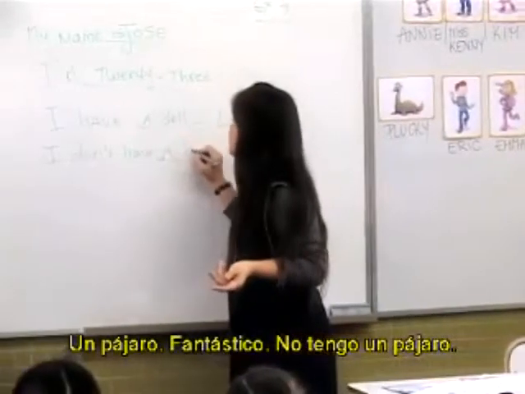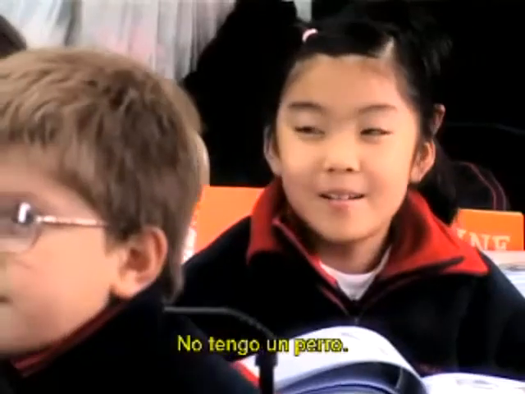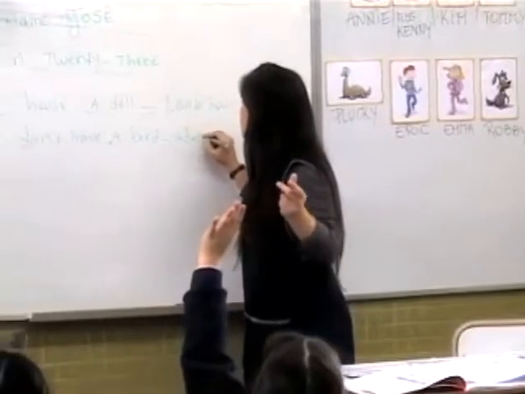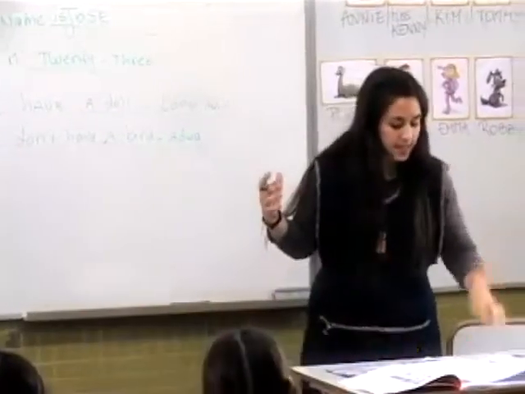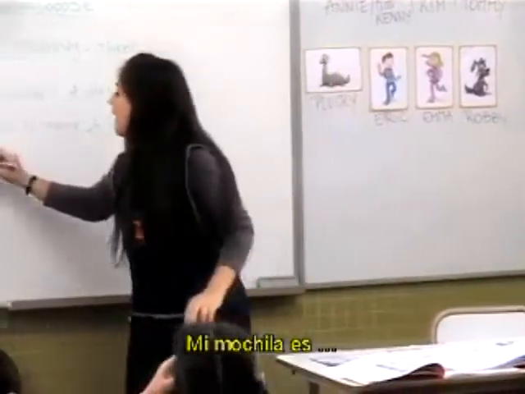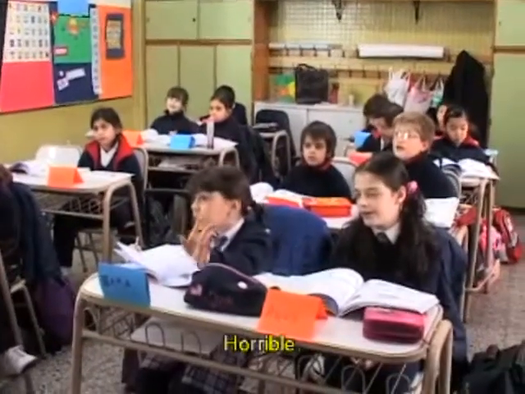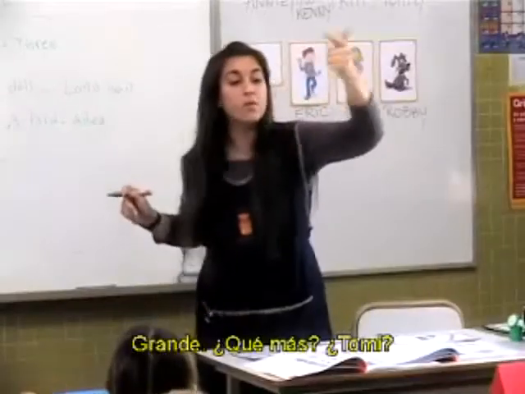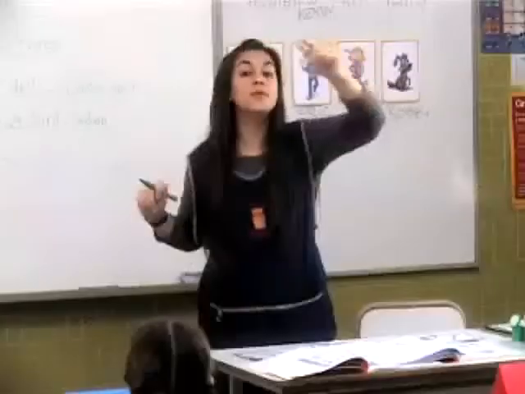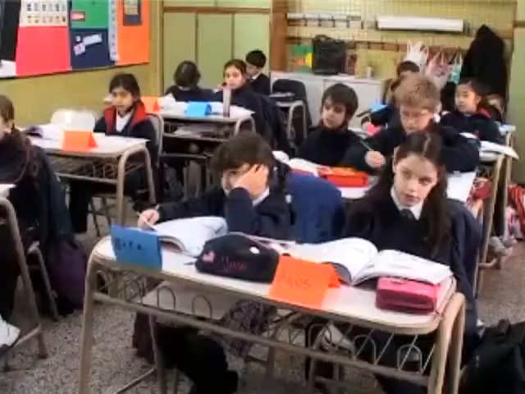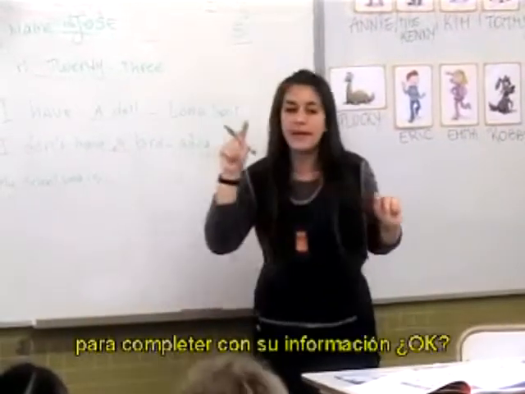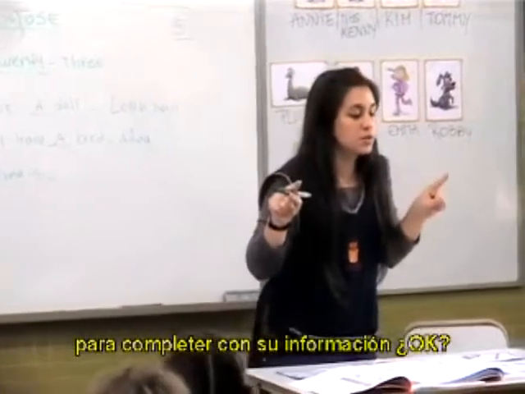I don't have a bird. I don't have a dog. A pet. Fantastic. My school bag is big. Horrible. What else, Mati? Big. What else, Tommy? Beautiful. Very good. Now, you have 5 minutes to complete with your information, okay?